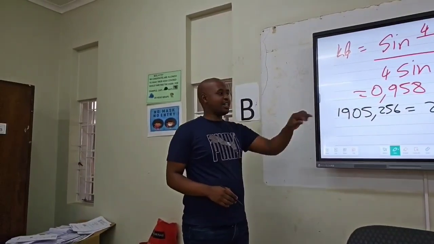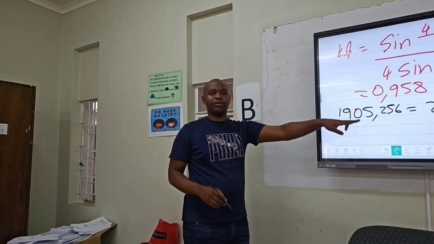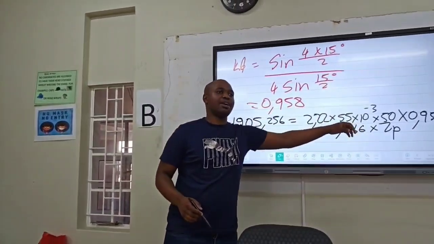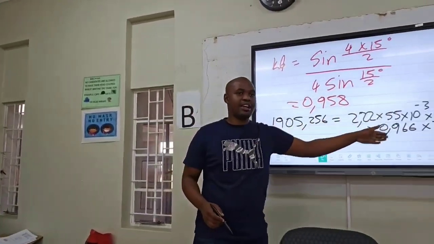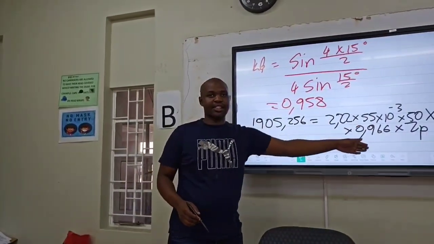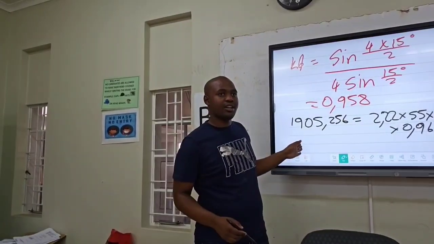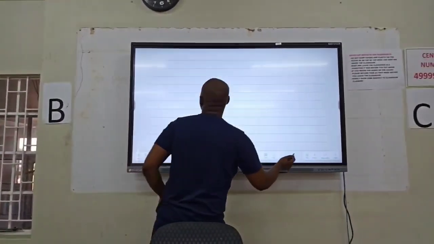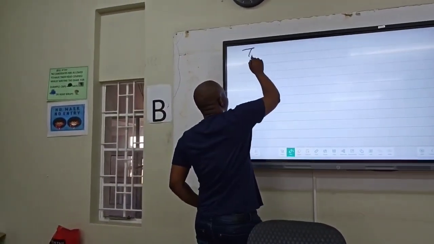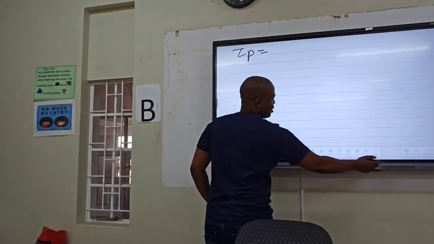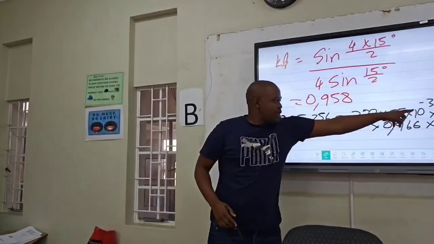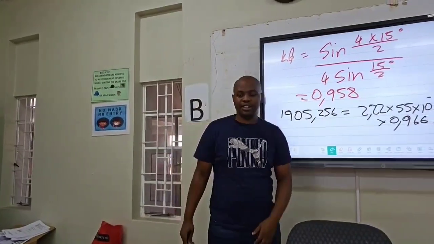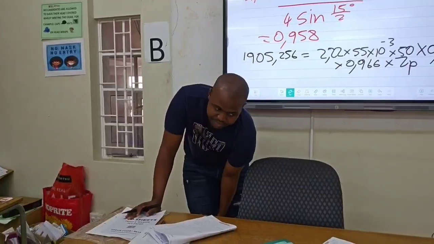The one that I'm making the subject of the formula is the conductors per phase, so since everything is multiplying, I divide everything on the right-hand side to the left-hand side.